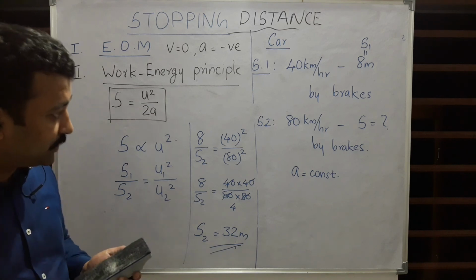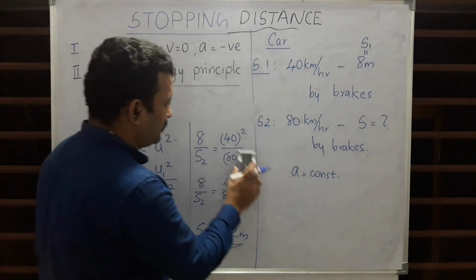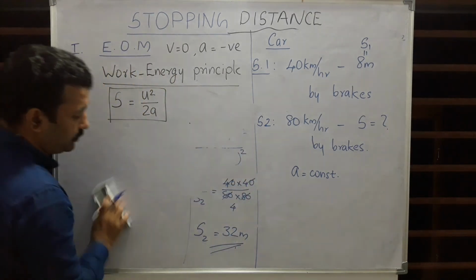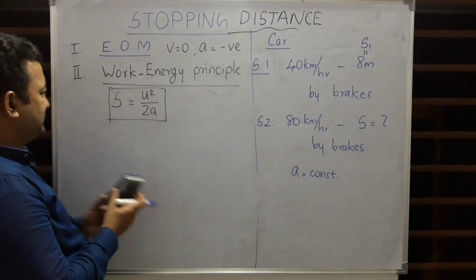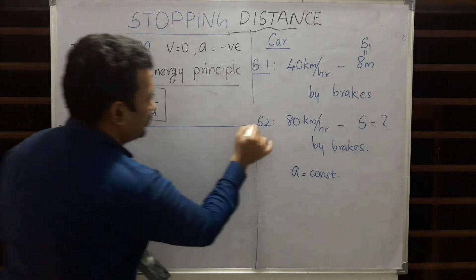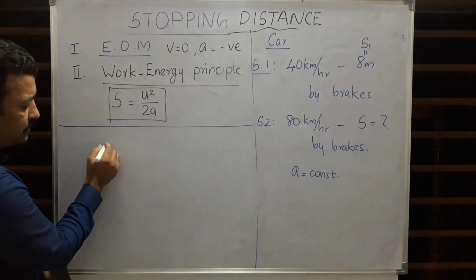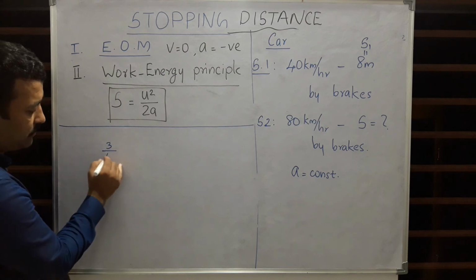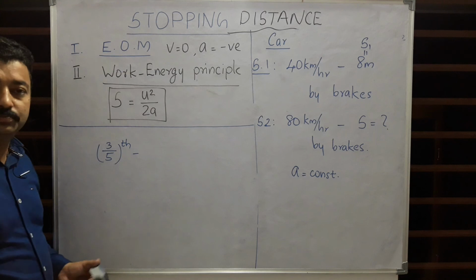Now let us extend this using another problem. This is our second problem done; now a third problem. I will give you one more question. The speed of a car is reduced to say 3 by 5th of its initial value.